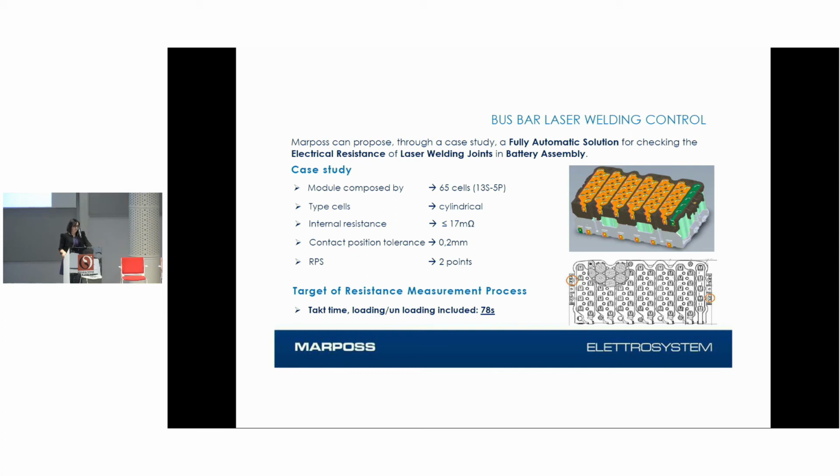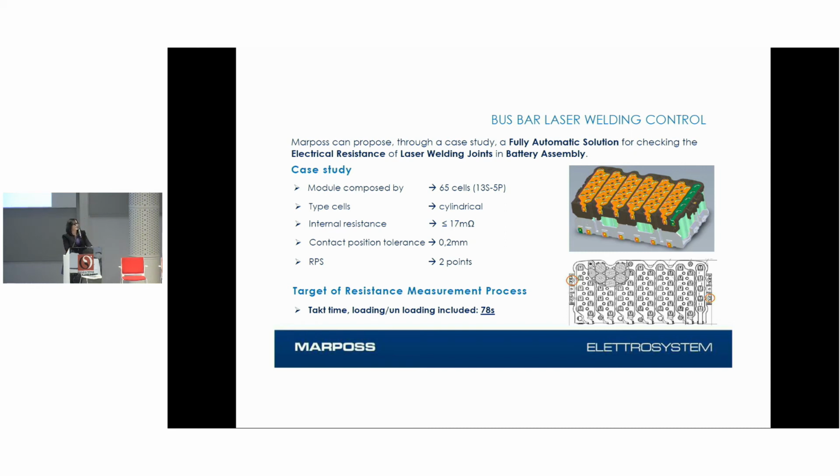And for this case study, we have a module composed of cylindrical cells. Of course, there are some targets from the customer, like the positioning, the reference points, the internal resistance, and also, like you can see here, the first target for the end customer is the time cycle of the process.